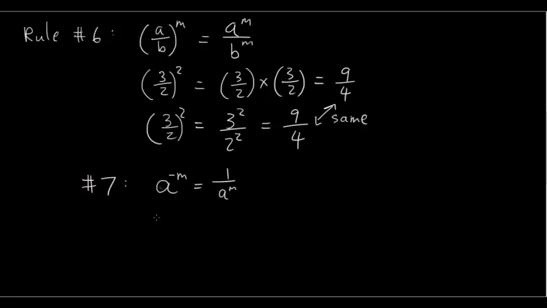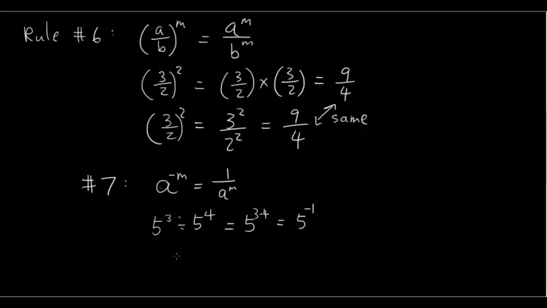Okay, so how does that work? Well, if you remember, let's say we have 5 to the power of 3 divided by 5 to the power of 4. So that'll be 5 to the power of 3 minus 4, which is 5 to the power of negative 1.